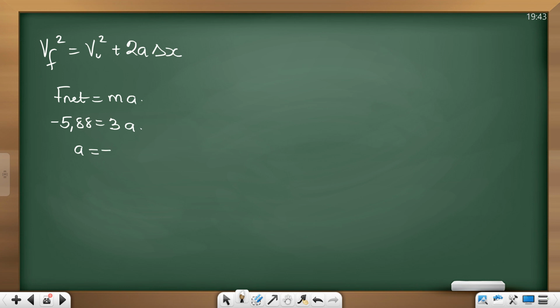To prevent mistakes, I don't want a rounded off value, so we're going to leave it as a fraction.